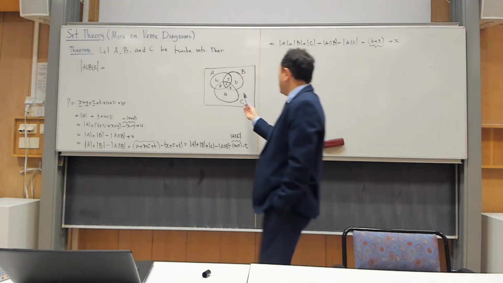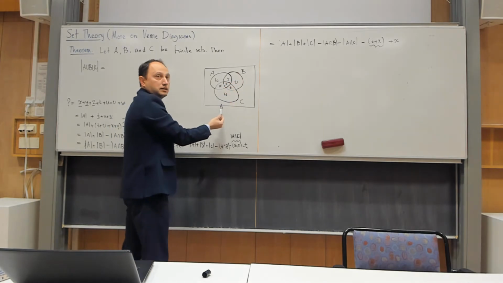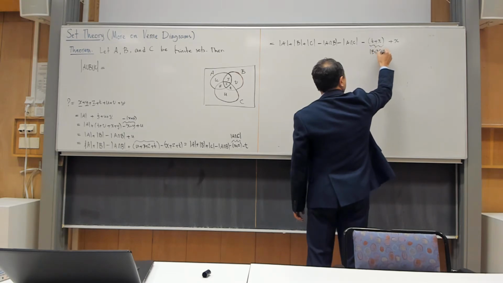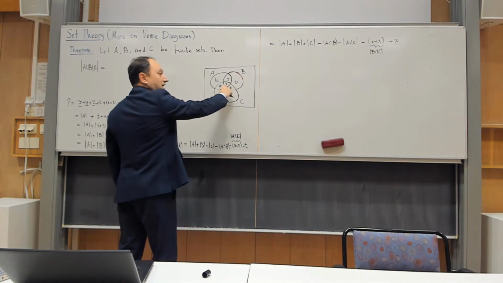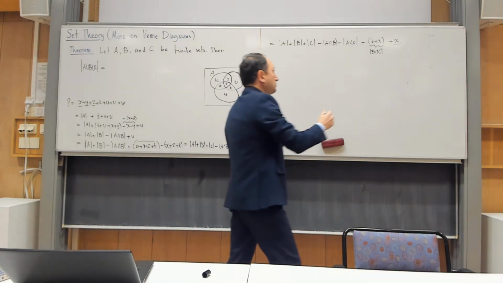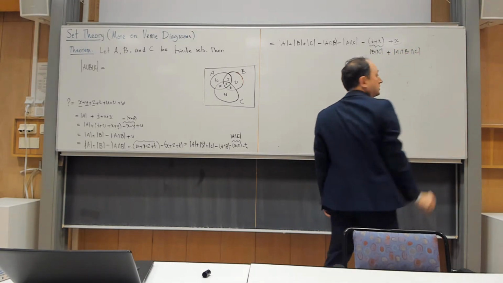You would see that T plus X is the cardinality of the intersection between B and C. So this becomes the cardinality of B and C. And if I ask you what that X is exactly in the middle of the three of them, it is the intersection of all of them. Yes? So it becomes plus the cardinality of A intersection B intersection C.